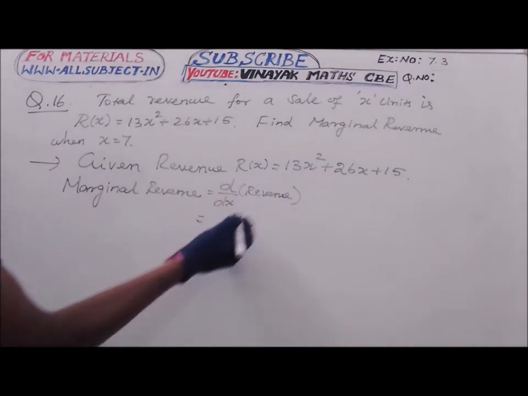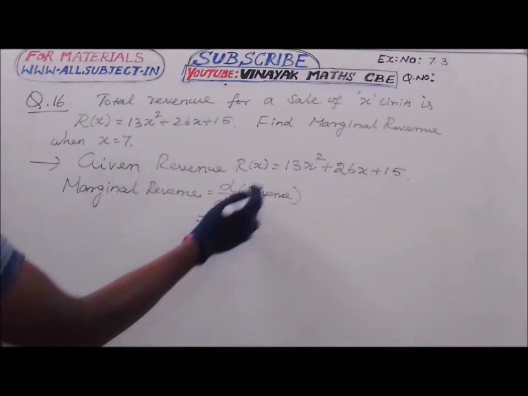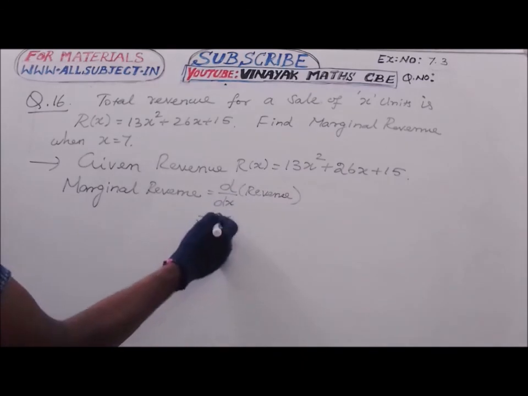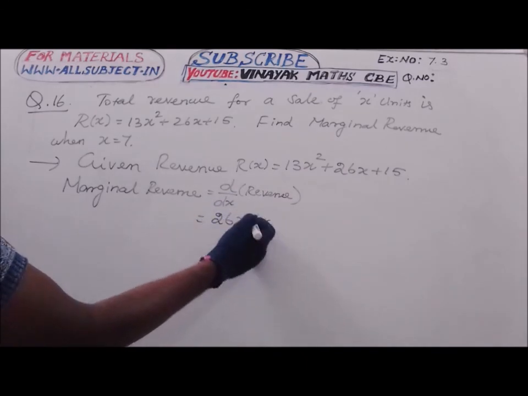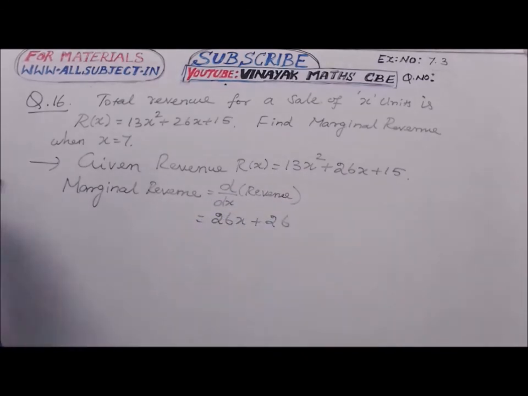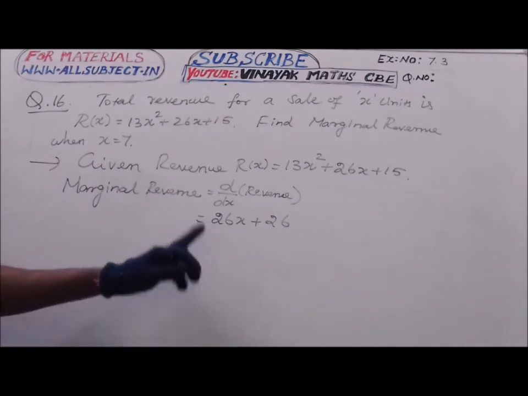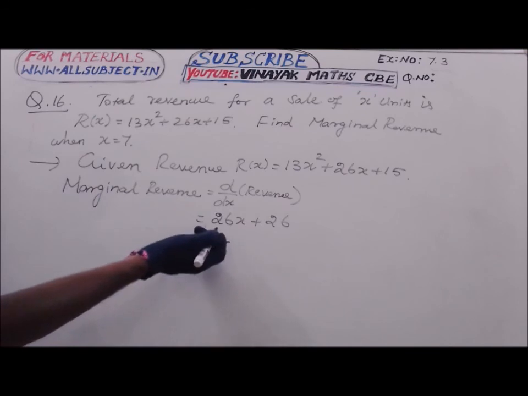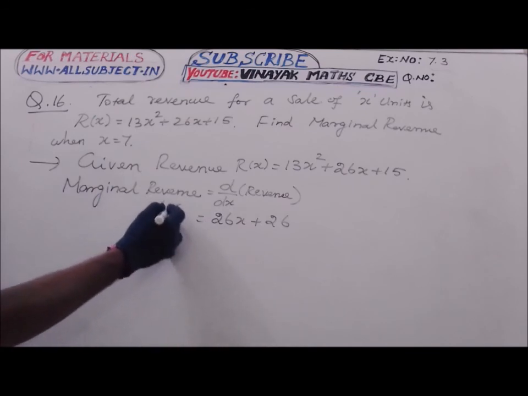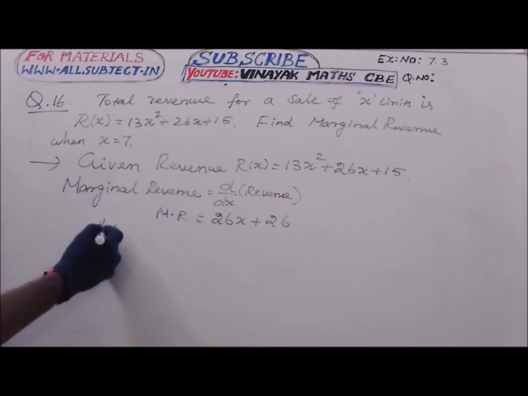Rate of change of revenue is known as marginal revenue. So differentiating with respect to x here, 13 into 2 gives 26x to the power 1, plus 26. Substituting x is equal to 7 in it. This is MR, marginal revenue.